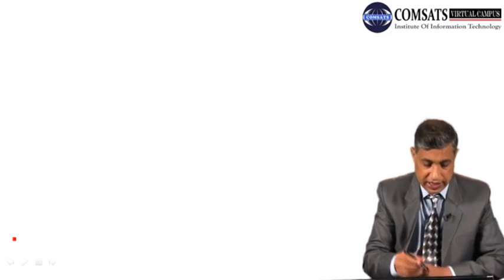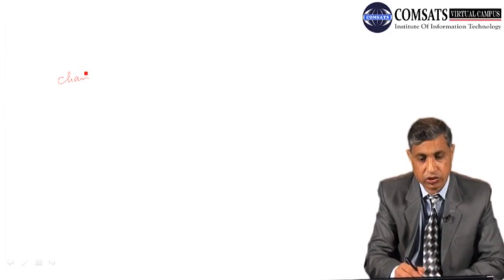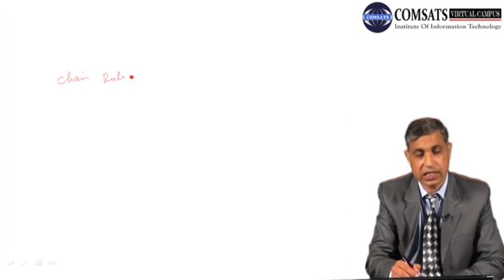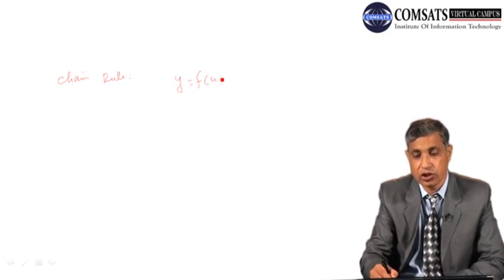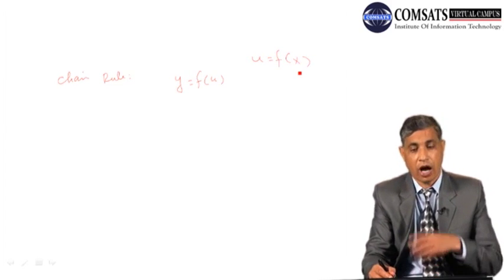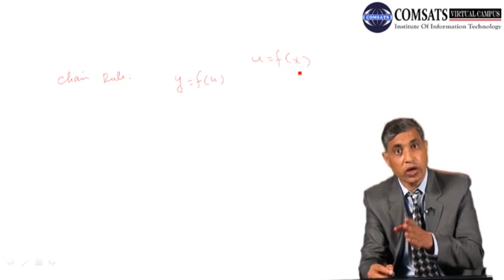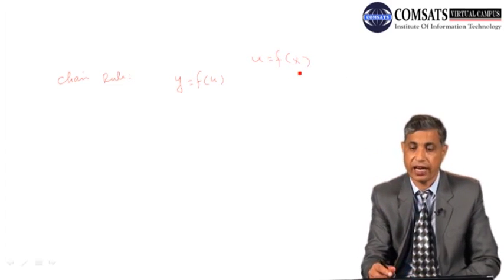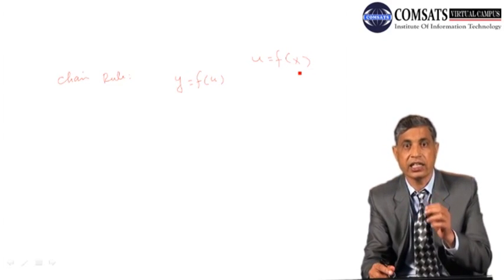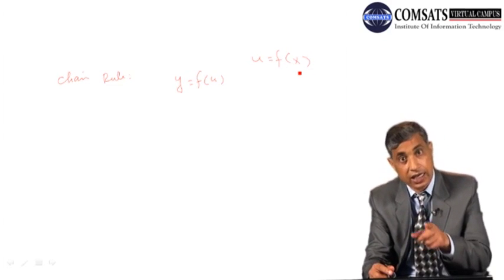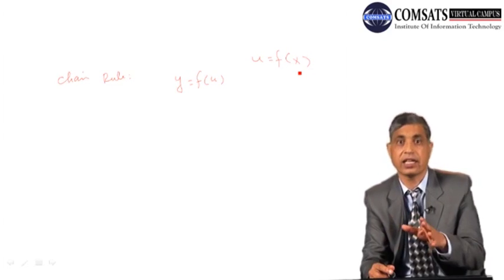What is the chain rule? Here is another interesting story. Chain rule says that y is a function of a variable u, and interestingly u is further a function of x. We are interested in taking the derivative of y with respect to x rather than u.